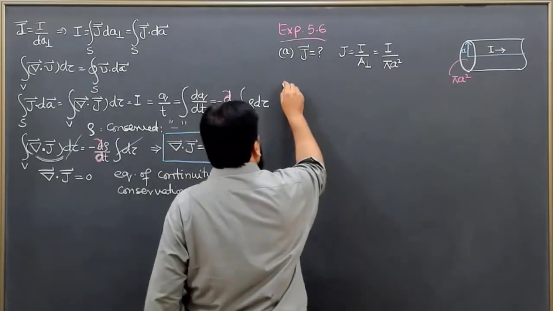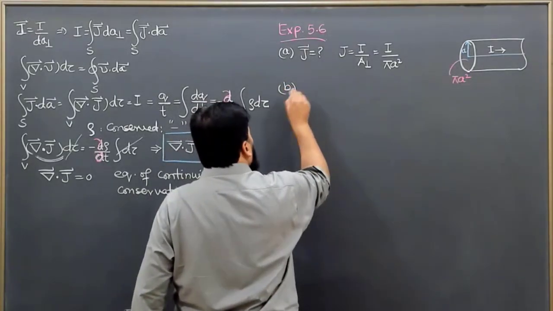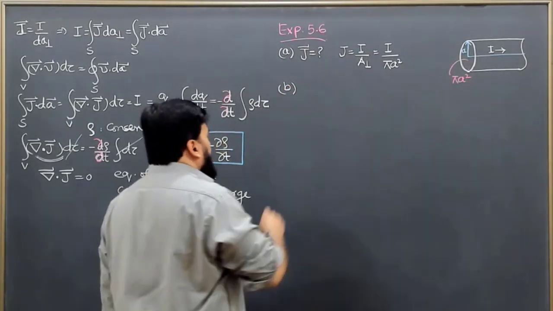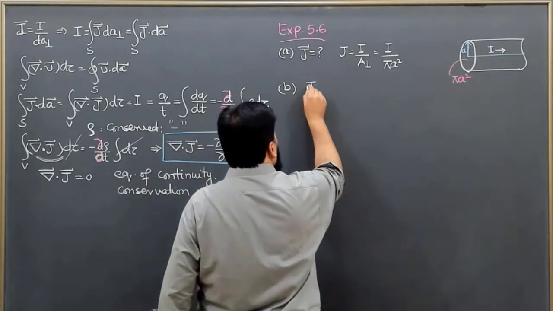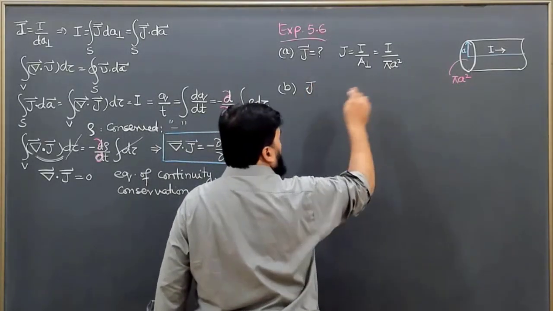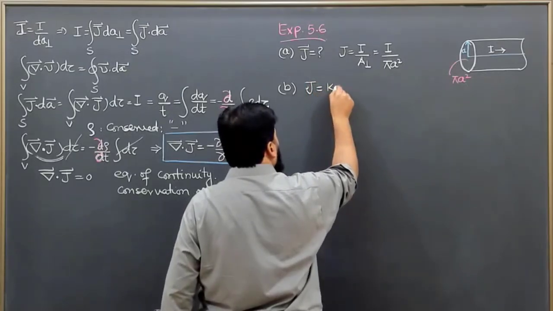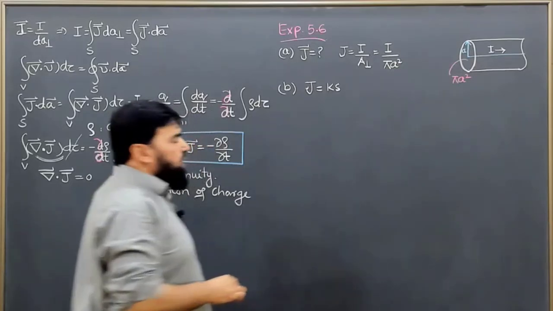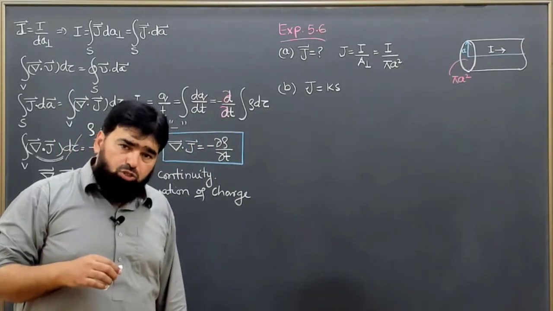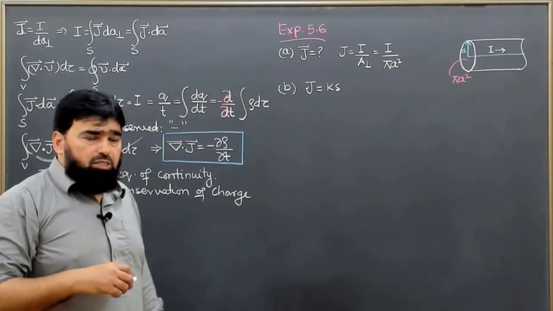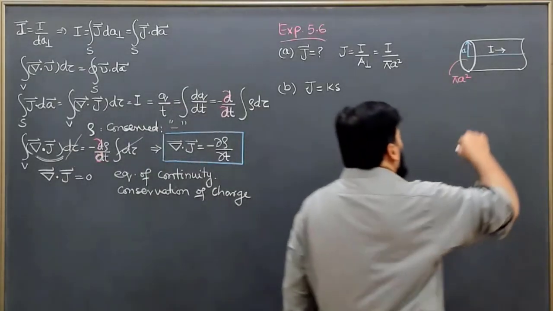While part B is to see what if the current is not uniformly distributed, the current density is not uniformly distributed, but is equal to Ks. Here K is a constant, while s is the distance from the axis.